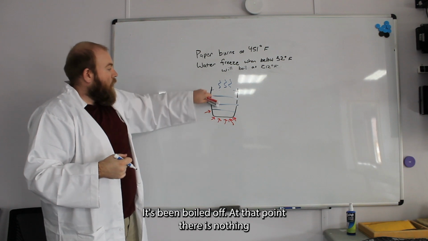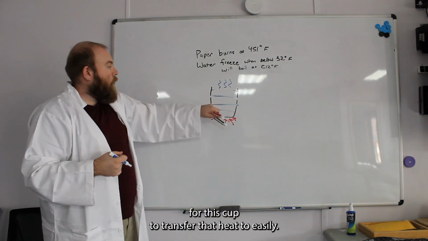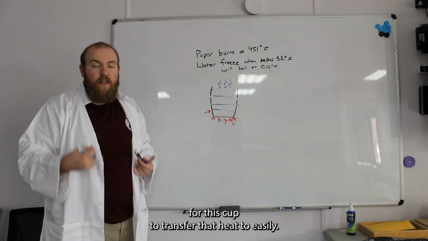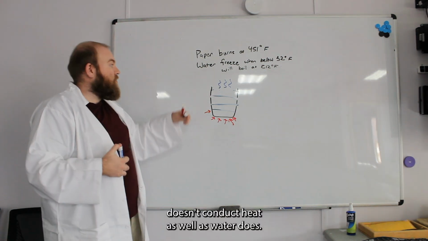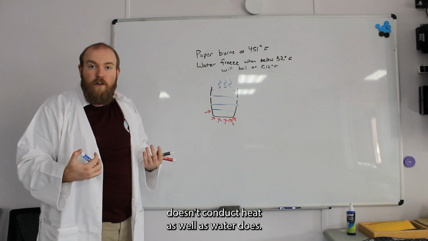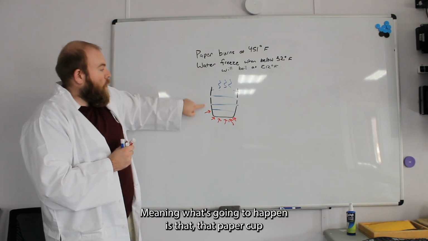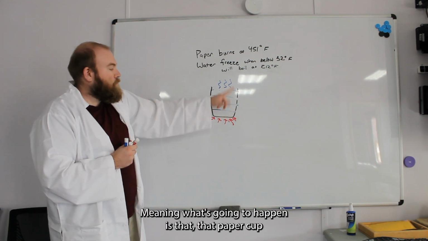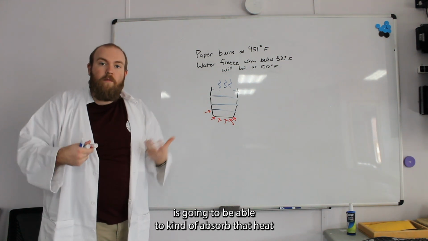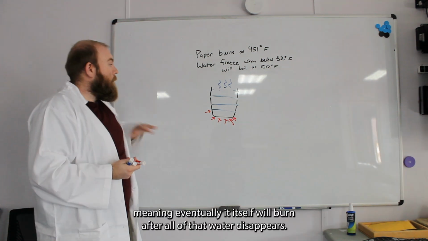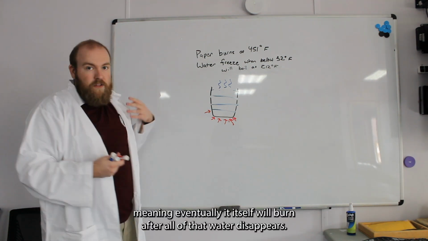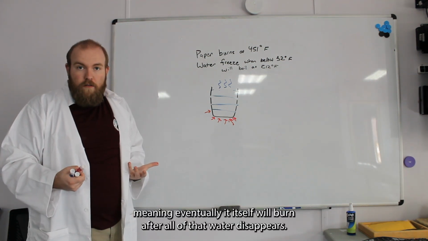At that point, there is nothing for this cup to transfer that heat to easily, and the air itself doesn't conduct heat as well as water does. Meaning, that paper cup is going to absorb that heat, and it will start to climb until it gets to 451 degrees Fahrenheit.